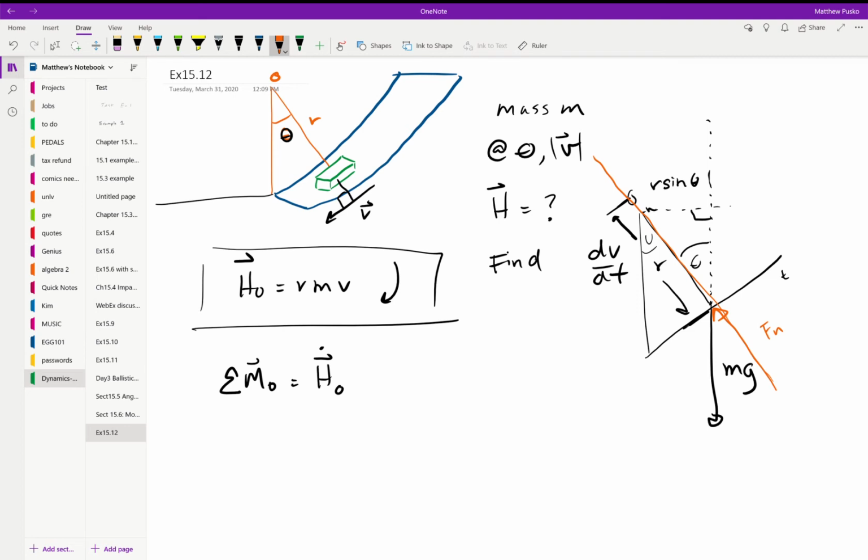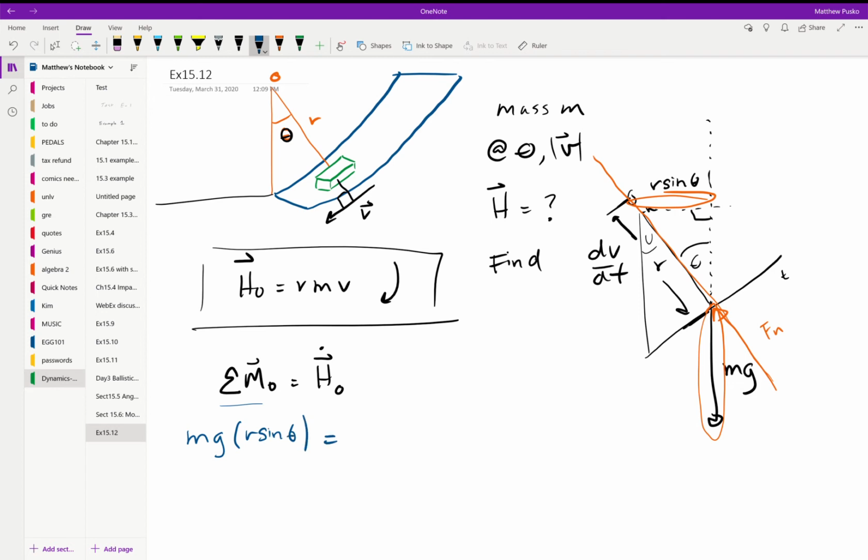The thing that's giving us a moment is mass times the acceleration due to gravity, and it's acting this distance away, r sine theta. Okay, so let's follow this through. The moment, or the summation of the moments, there's only one, would be the weight mg, and the lever arm distance in this case is r sine theta.